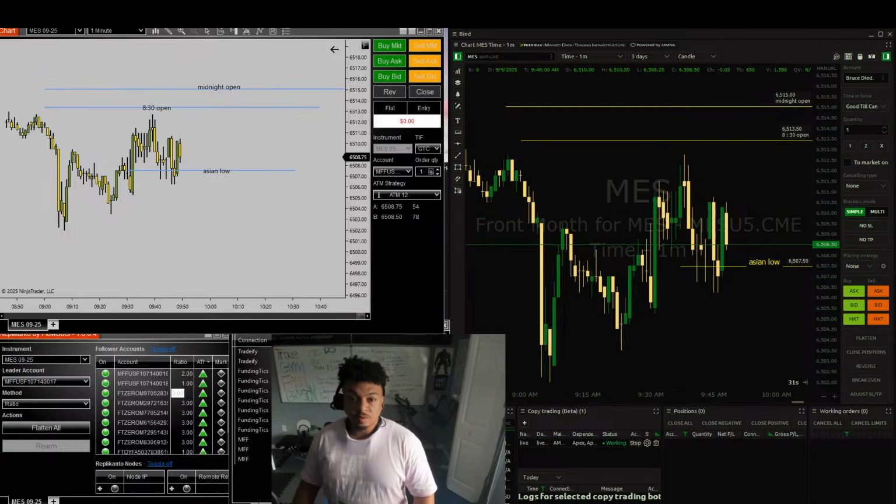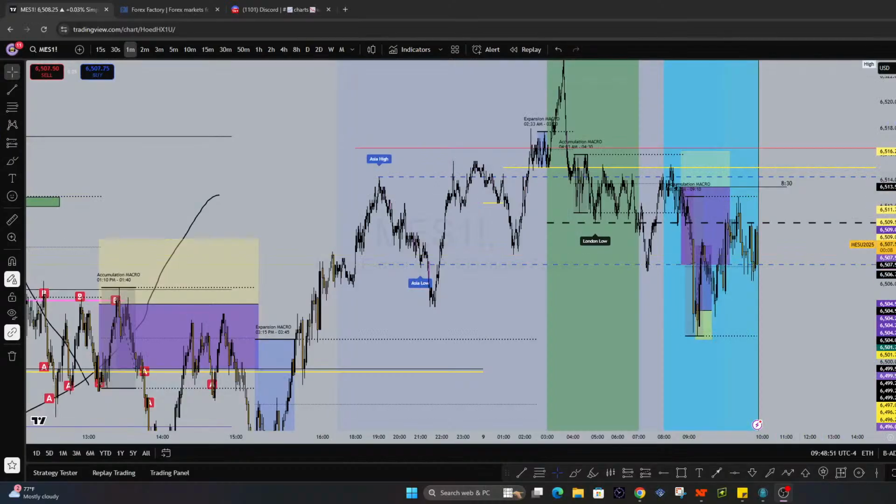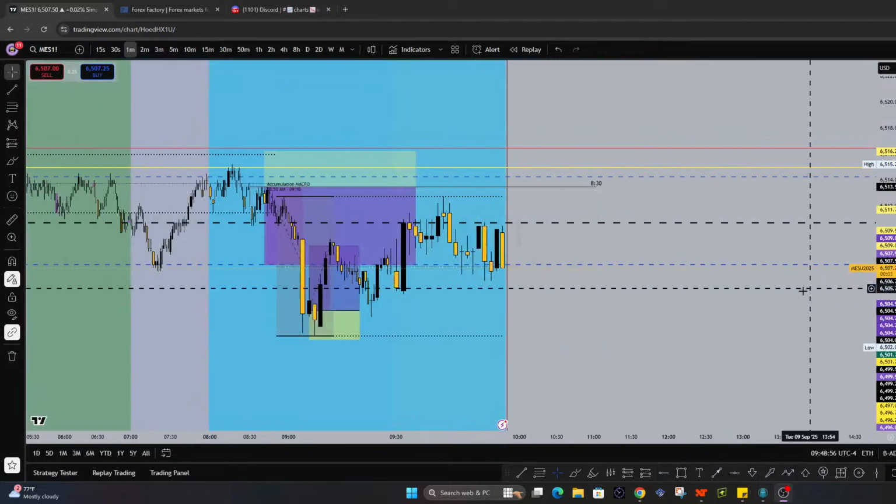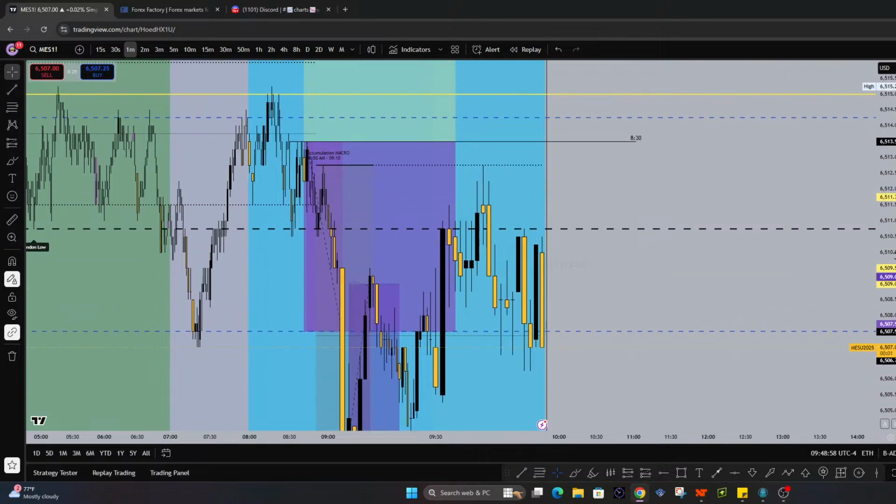Other relevant levels. Let me show a different window. Hold on one sec. Okay. Just gonna zoom in just to show.